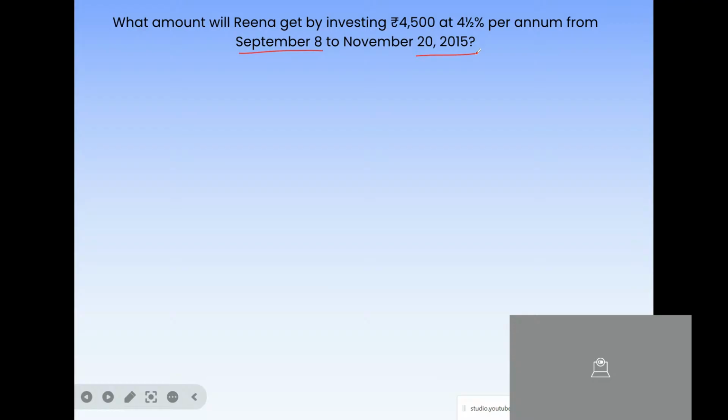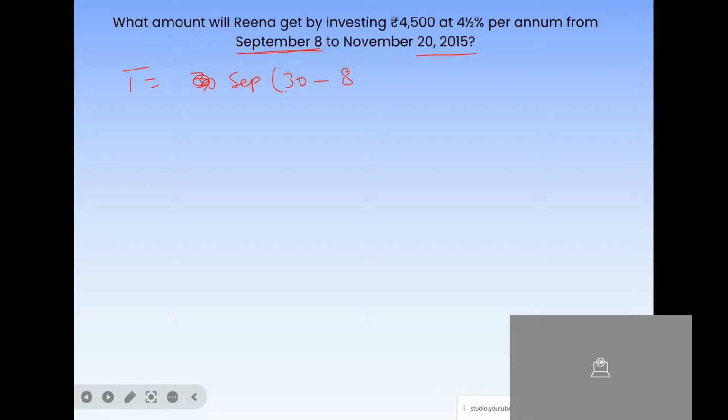So for this, let's see how much time we have. In the month of September, how many days are there in total? September is a 30 days month, right? So what we will do is take the number of days for September. In September we have 30 days total, then minus the first 8 days you subtract.